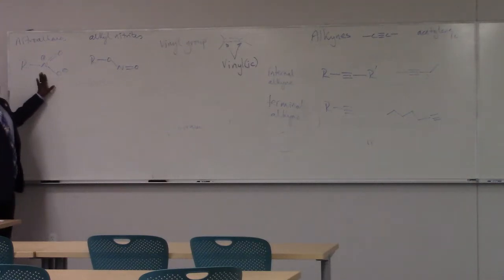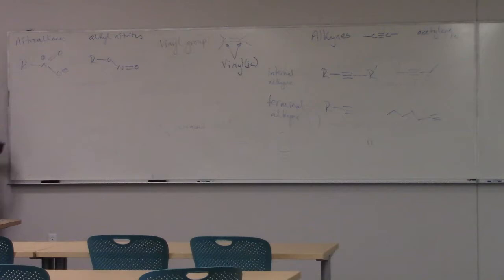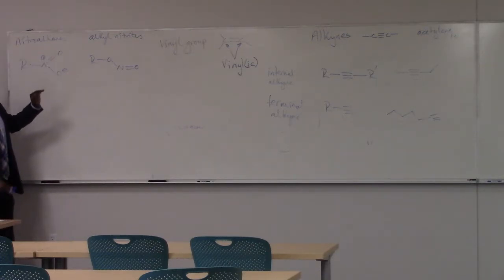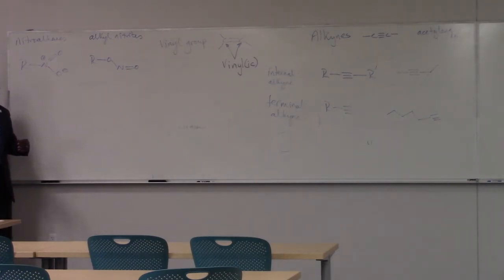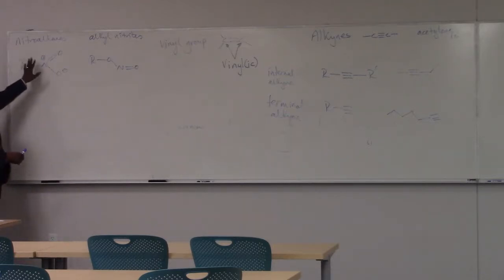Nitro compounds don't do that. Okay, so the chemistries are different. Even though it's an N and two O's, so it's the same collection of atoms, it's not the same arrangement. And in chemistry, structure and behavior are intimately related. Okay? So alkenes, alkynes, alkanes, nitroalkanes, and alkyl nitrites.